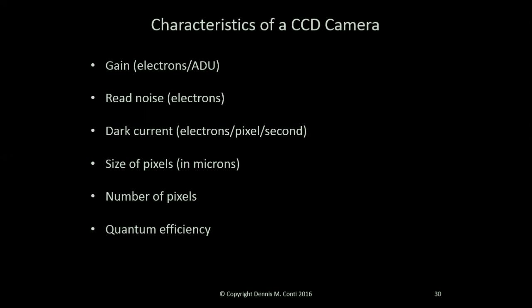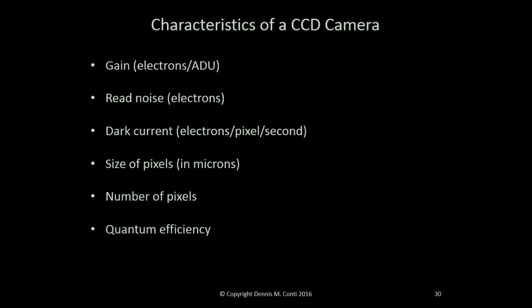The read noise and the dark current are a couple of the factors that we need to consider when we're calibrating our images to eliminate those sources of noise. Certainly a CCD camera characteristic is the size of pixels. These are often noted in microns.